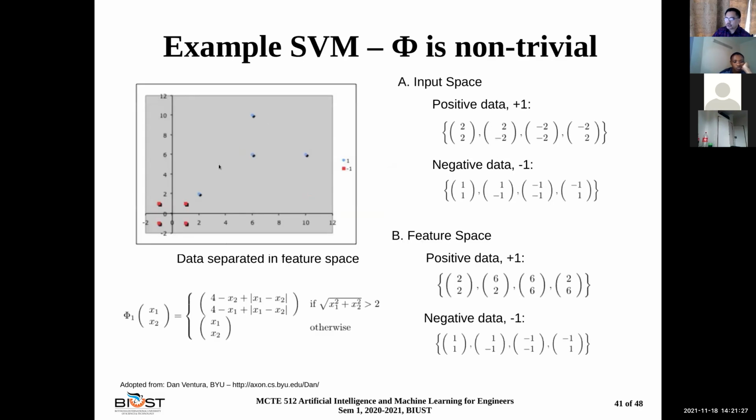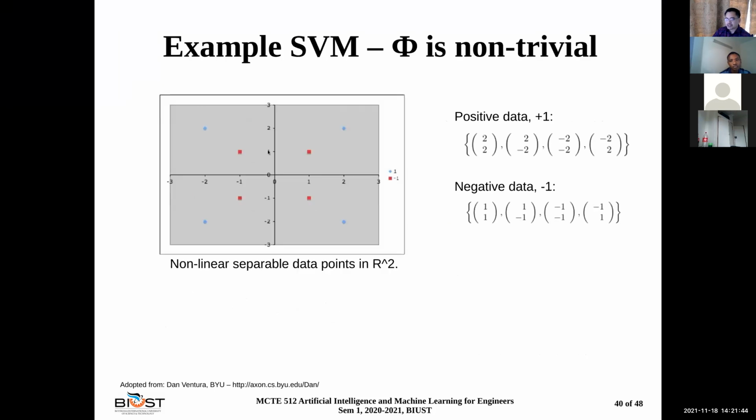So we introduce a transformation function that will transform the input data, the input space, into the feature space. And what this function does is that the norm of the data here is 1 or lower.